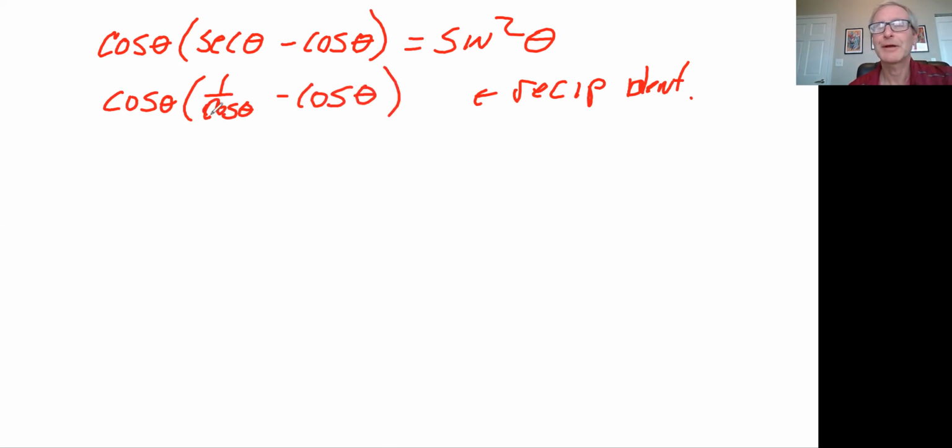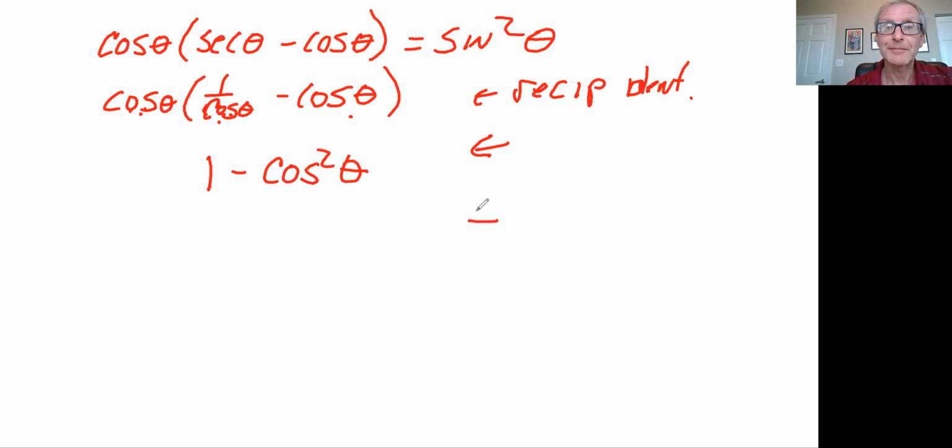Another strategy that's usually really good is to find the common denominator, or maybe even better now, multiply cosine through in this case. Basically this is an algebra step, so you don't have to write it, but cosine times cosine would give you 1, and that would be minus cosine squared of theta. Technically you don't have to write anything here.